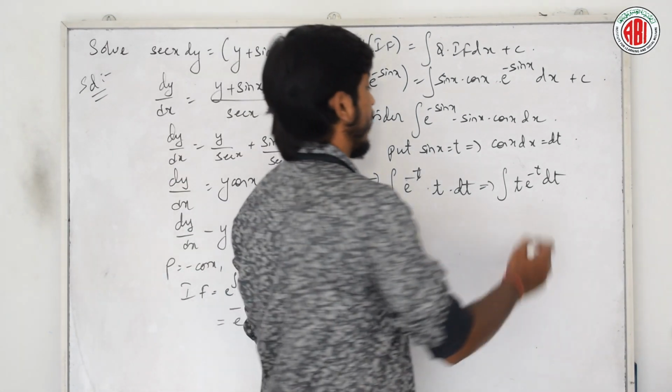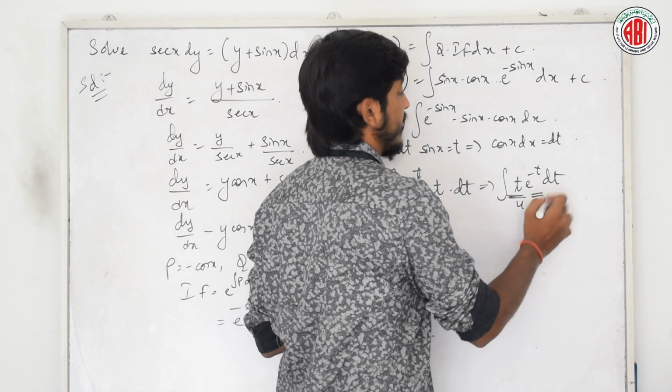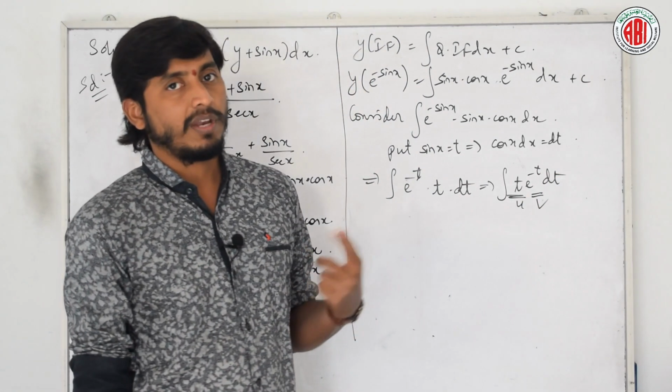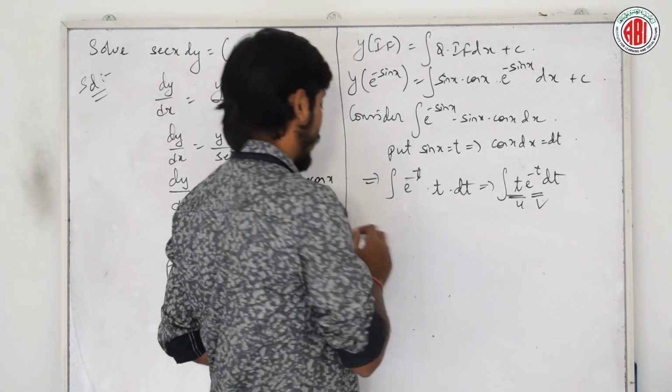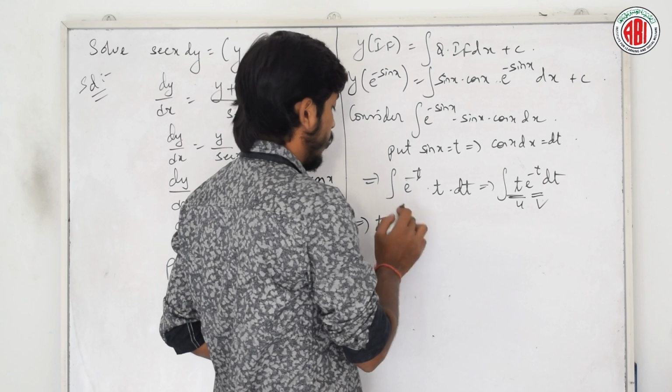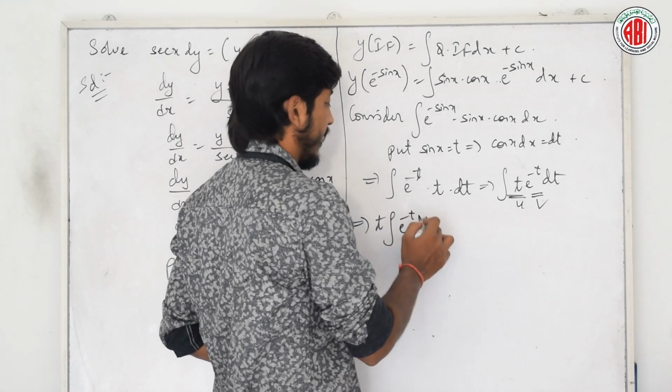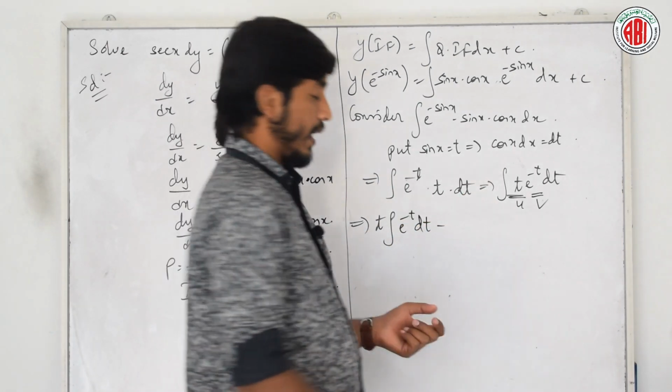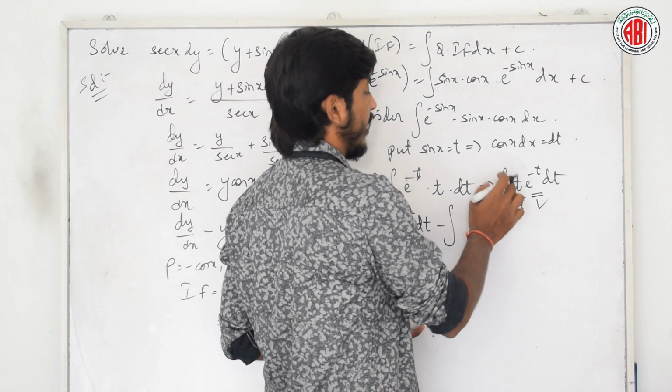So we will consider this as u and this as v. So what is the formula? U integral v dx minus integral of du by dx times integral of v dx, dx.